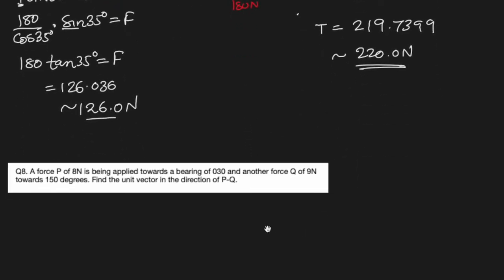Question number 8. A force P of magnitude 8 Newtons is being applied towards a bearing of 30 degrees. So if this is north, from north we go 30 degrees and it is being applied here, P, 8 Newtons. Another force Q of 9 Newtons towards a 150 degrees bearing.